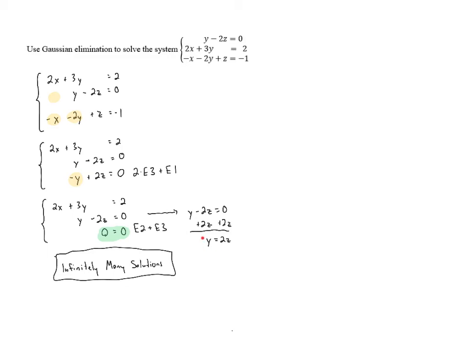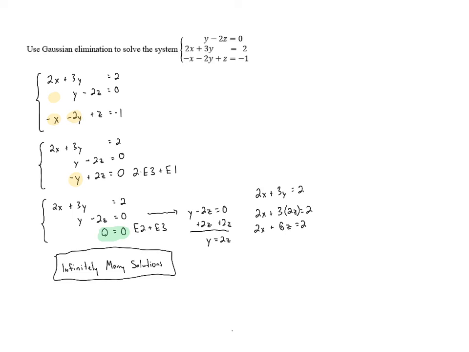Now we can plug this into the first equation to figure out what x is going to be in terms of z. We've got 2x plus 3y equals 2. We know that y is equal to 2z though, so we've got 2x plus 3 times 2z equals 2. 3 times 2z is 6z.